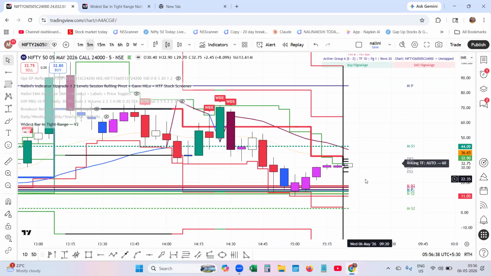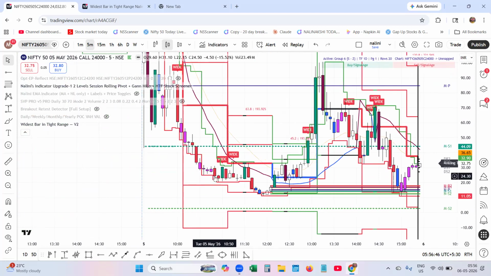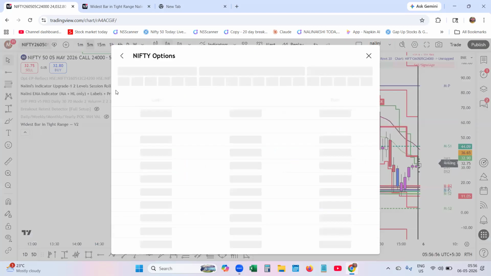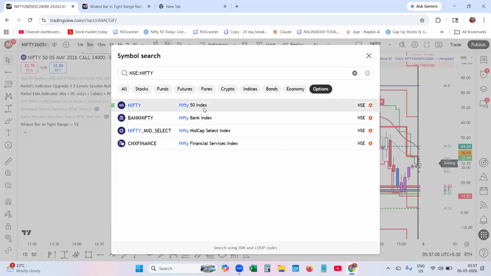Finally, it closed near the bottom, 32 rupees. So that's how you can use the Nalini Precision Engine, this wide bar in tight range, as well as the Nalini EMA indicator. The Nalini EMA indicator helps you find the locations, that means structure.